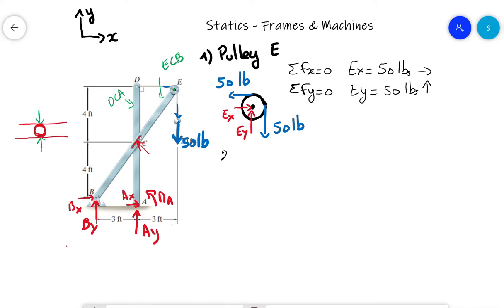So let's do the second member. Let's call that the beam BCE, because there are a lot of forces on this one, not only two. So let's do the beam BCE.